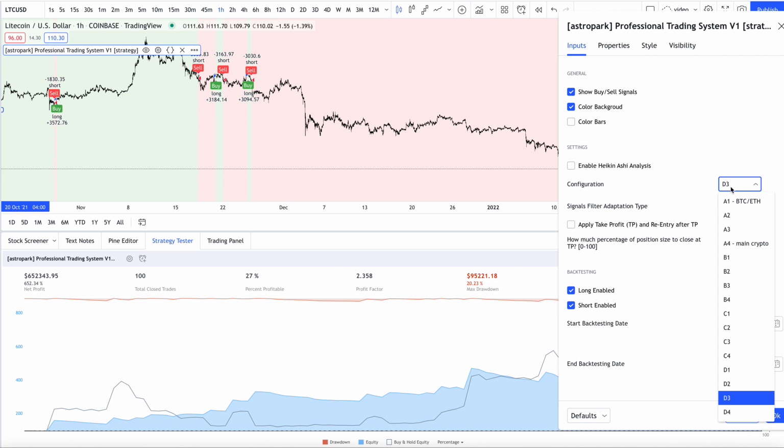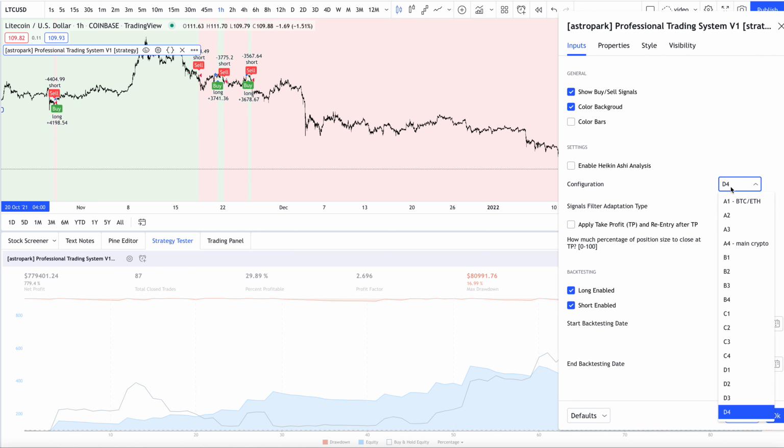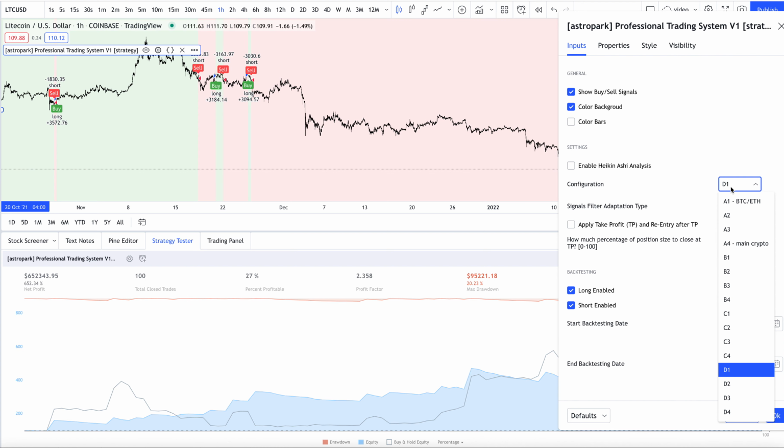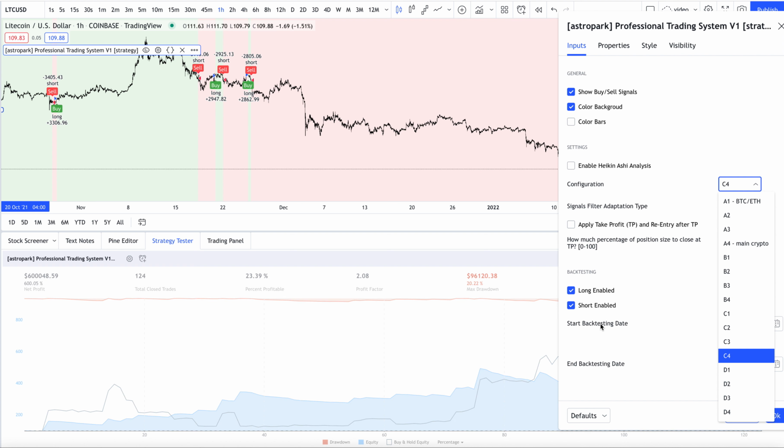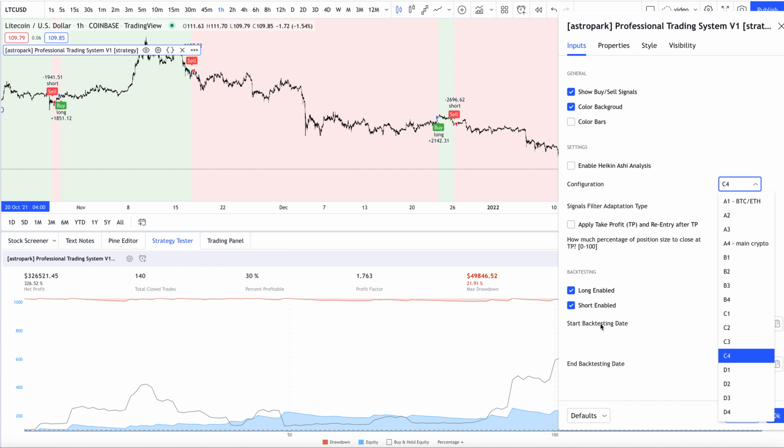So let's just do another check. D3 now is even better. Before, even better. So yeah, these are the configurations, even lower, less than 20%.